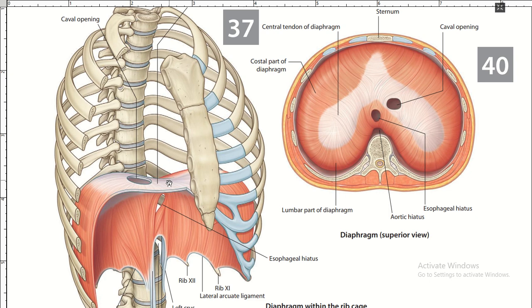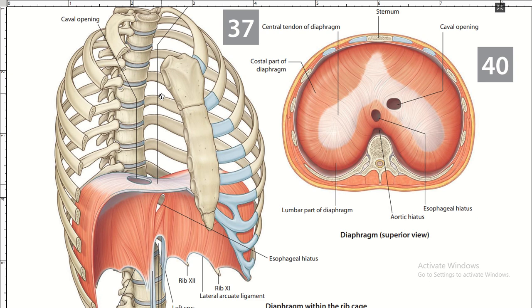When it gets into the abdomen, it pushes the organs of the abdomen down, thereby constricting these organs into a small space. So you're going to have an increase in intra-abdominal pressure and a decrease in intrathoracic pressure. This one is very important.